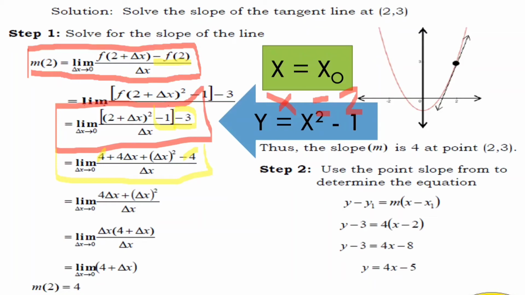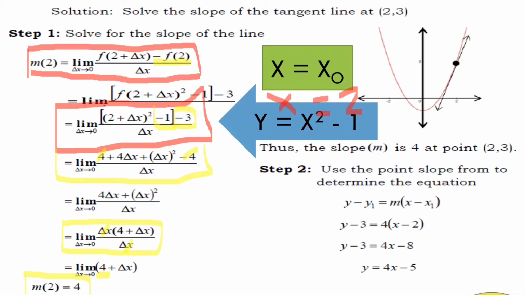The remaining terms are 4 change of x plus change of x squared, all over change of x. There are common factors, the change of x. Therefore, the limit of the function is 4 plus change of x, which is 4, and 4 is our slope. m of 2 is equal to 4.